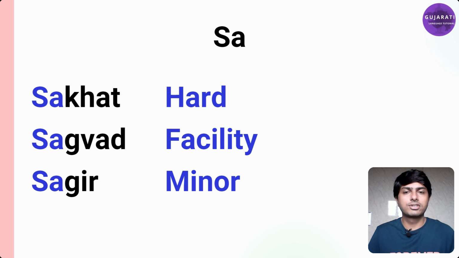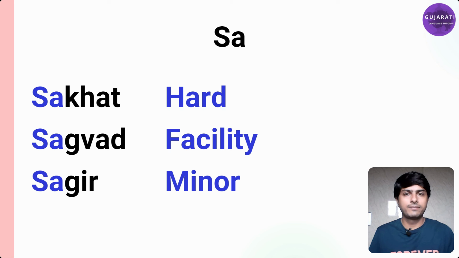The next one is SA, and with SA we have these three words. The very first is Sakhat, which means hard. The next one is Sagwad, which means facility. The next one is Sagir, which means minor. So if you see, all these words started with SA.